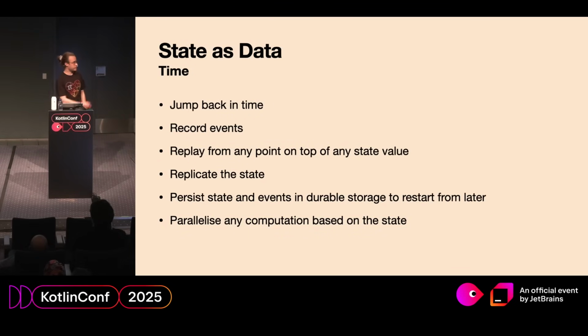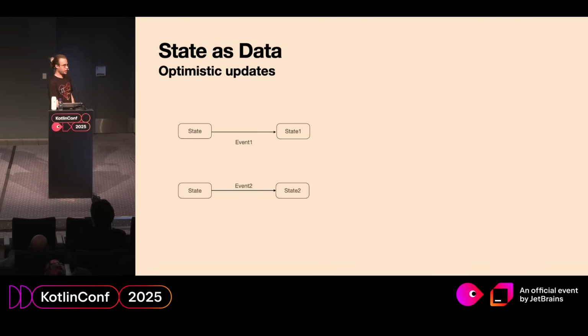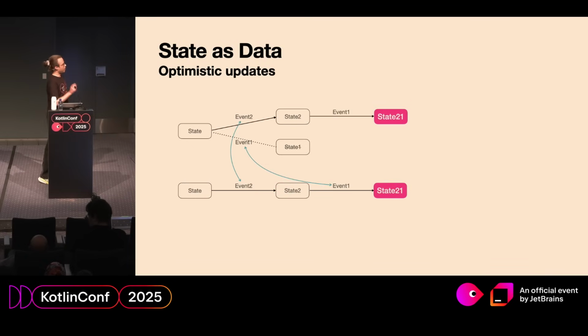And my favorite part is that we get optimistic updates. Imagine we have two different computers that started with the same state. And they both independently and concurrently experience two different events. The first one experienced event 1, the second event 2, they don't know about each other at all. And then they exchange events with one another in some way.